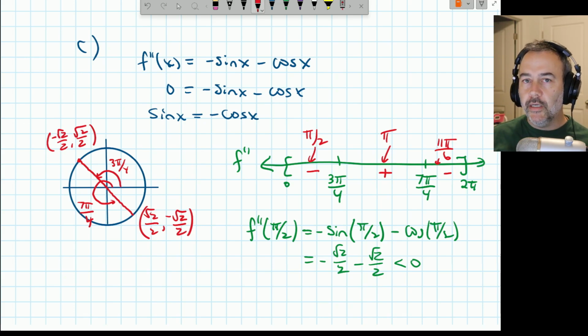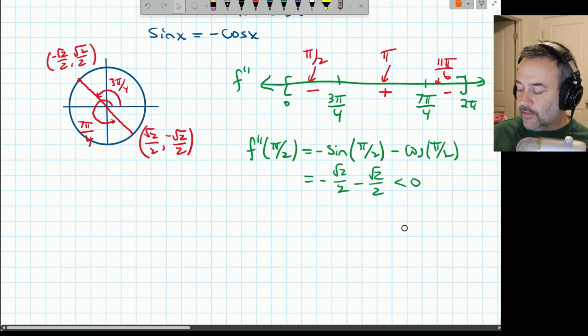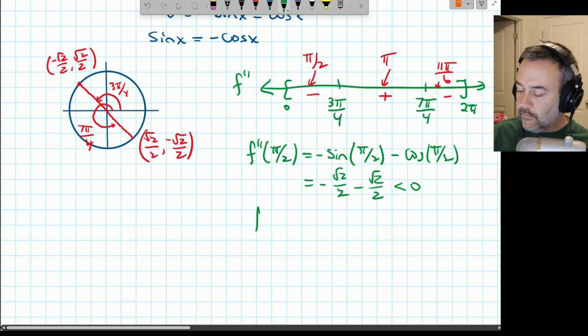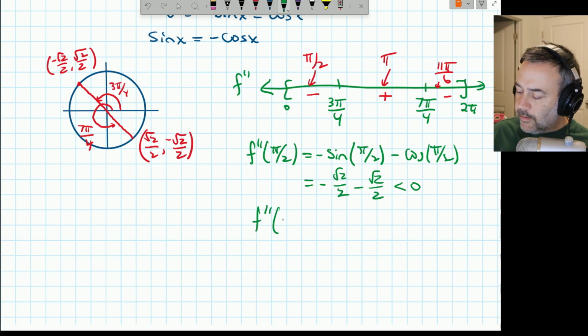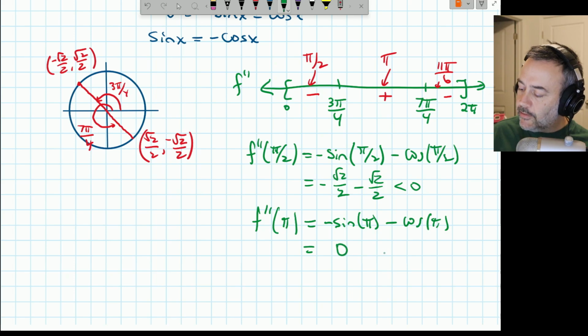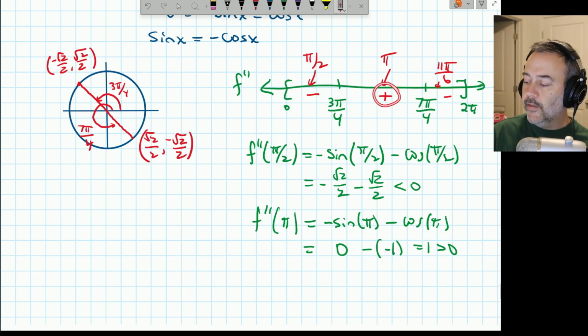So it might not always be obvious that the signs are just going to switch at every 0. So it's safest for you to just plug in those trig values and calculate it. Negative sine of pi minus cosine of pi, and this is 0 minus negative 1, which is 1, which is positive. So this is positive here.